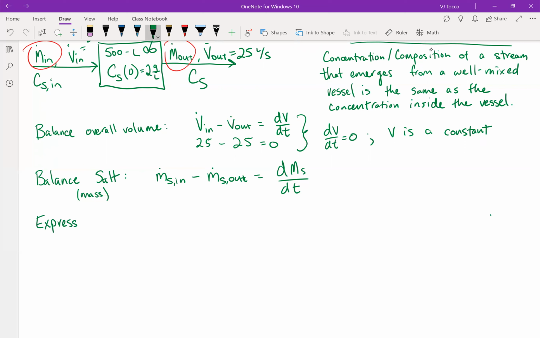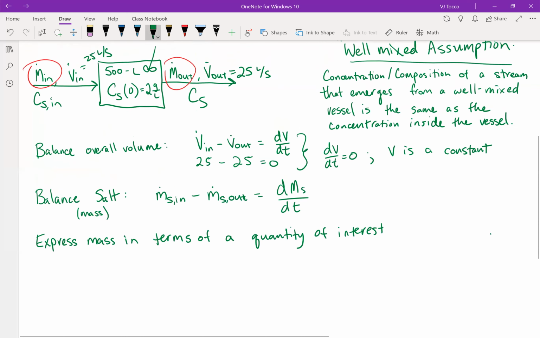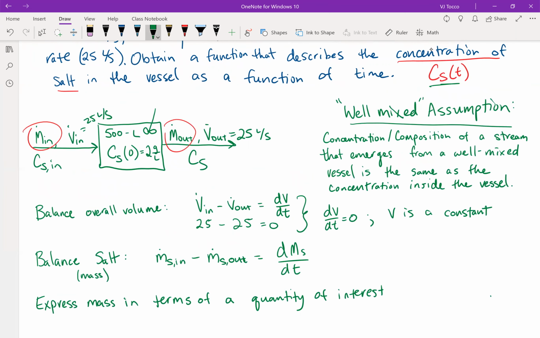Express mass in terms of a quantity of interest. And my quantity of interest for this problem is the concentration, right? That's what the problem is asking me to solve for. And the concentration is in units of mass per volume.